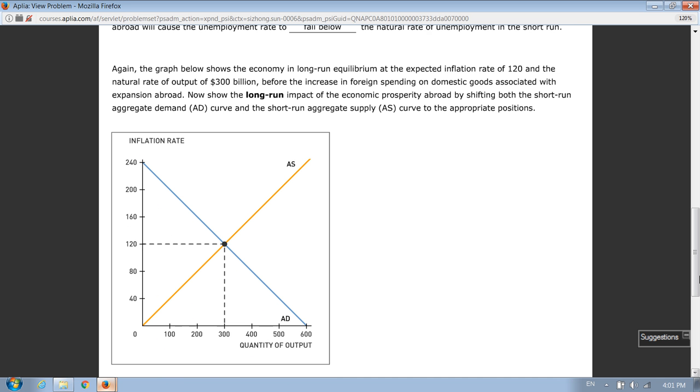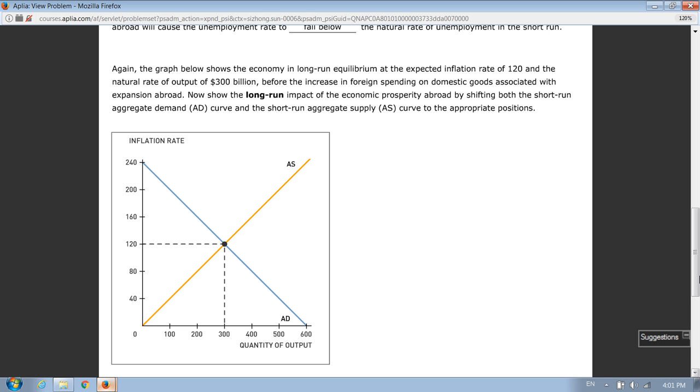Again, the graph below shows the economy in long-run equilibrium at the expected inflation rate of 120 and natural rate of output of $300 billion, before the increase in foreign spending on domestic goods associated with expansion abroad.